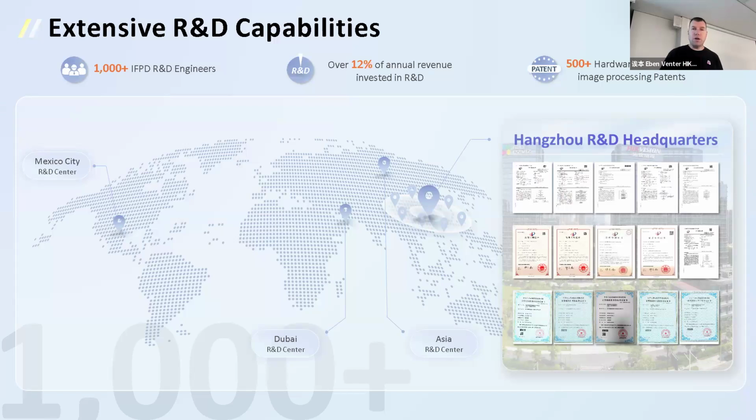We also have R&D, more than 1,000 people that are dedicated as engineers to work on this on a daily basis, as well as globally, where we have different centers that we can make use of for any other hardware requirements, etc. So there's a lot of benefits when it comes to that.